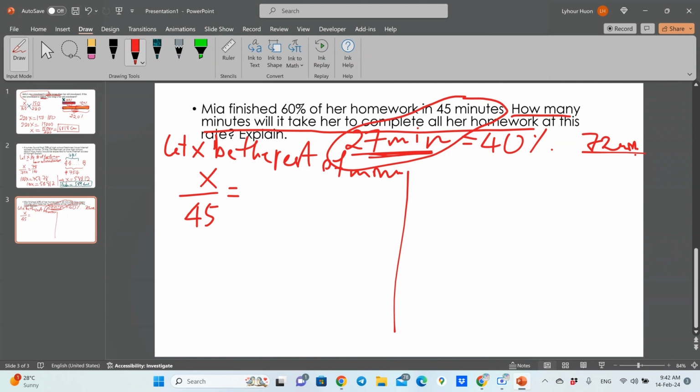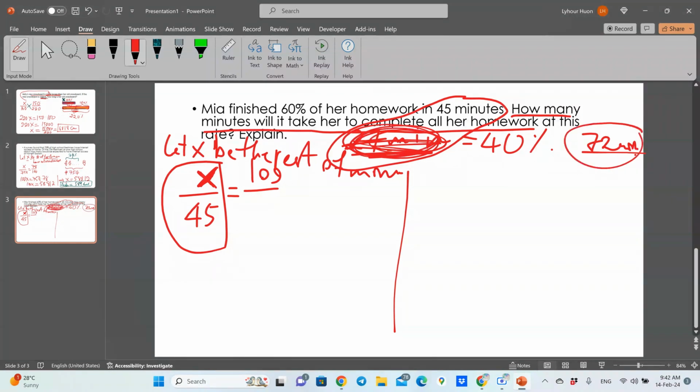Is it 60? I'm scared. I don't know. Okay, so now in this proportion x is the duration of the rest, right? So the rest should be 100. So you solve this, but not 27.